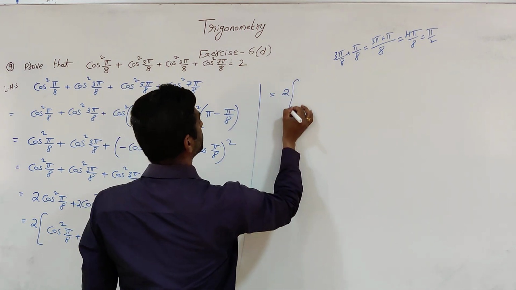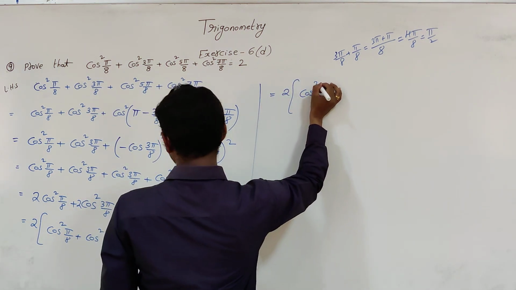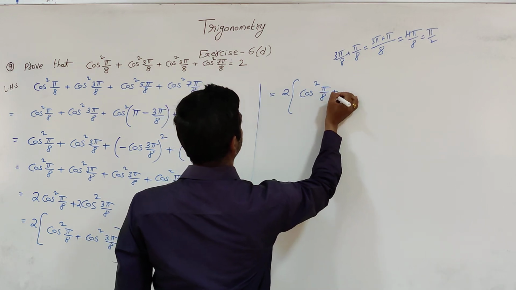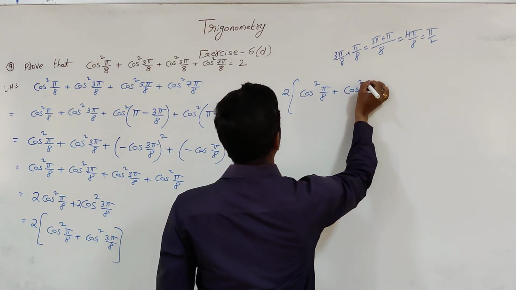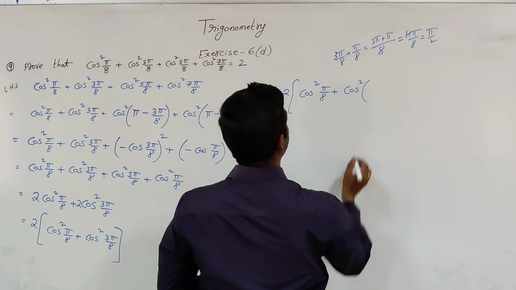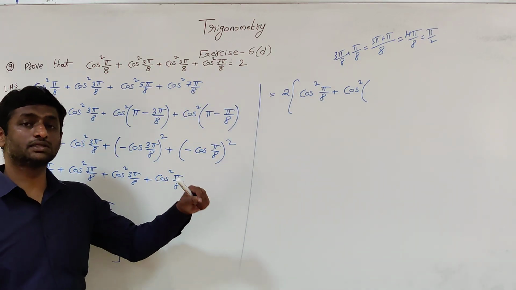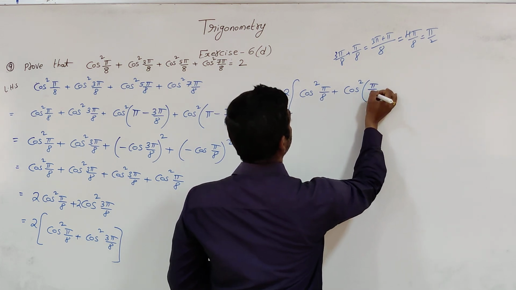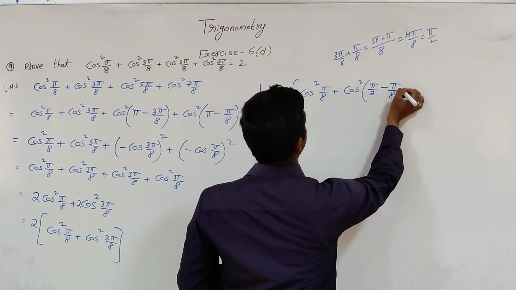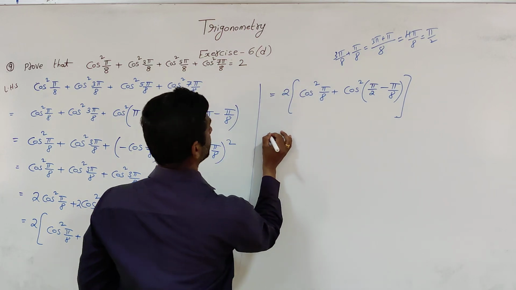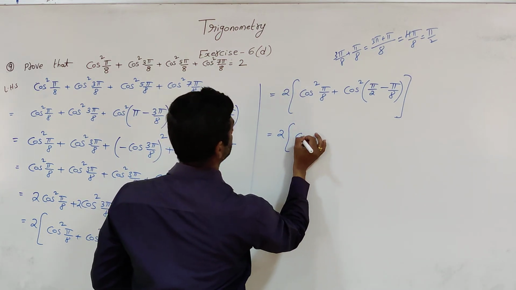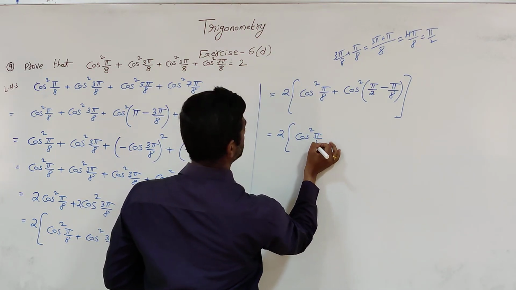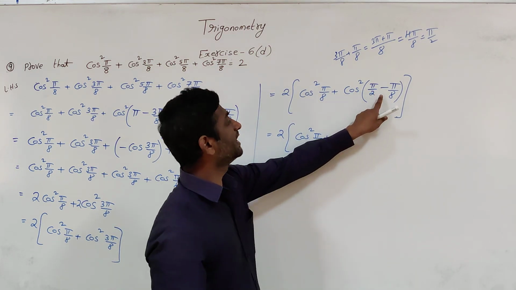2 times cos square pi by 8 plus cos square of 3 pi by 8 can be written as 90 minus the other angle, pi by 2 minus pi by 8. 2 times cos square pi by 8 plus cos of 90 minus theta.